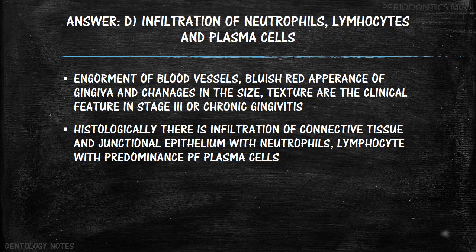Answer: D. Engorgement of blood vessels, bluish-red appearance of gingiva and changes in size and texture are the clinical features in stage 3 or chronic gingivitis. Histologically, there is infiltration of connective tissue and junctional epithelium with neutrophils, lymphocytes, with predominance of plasma cells.